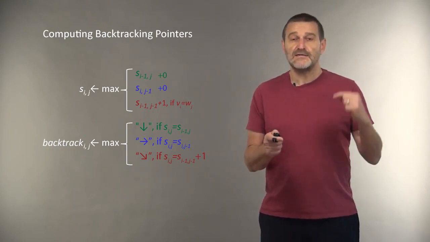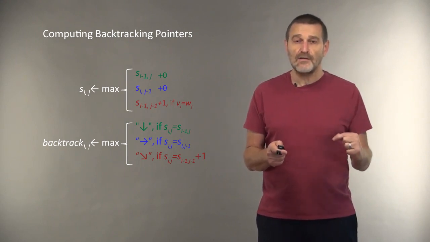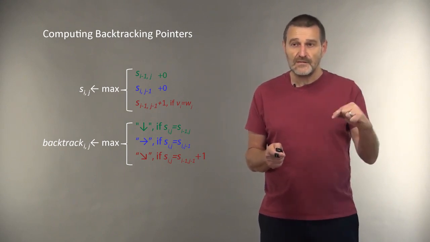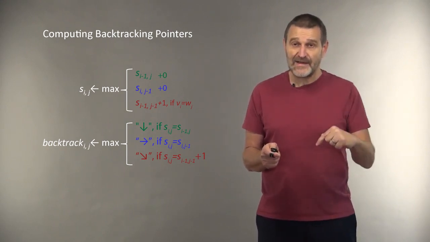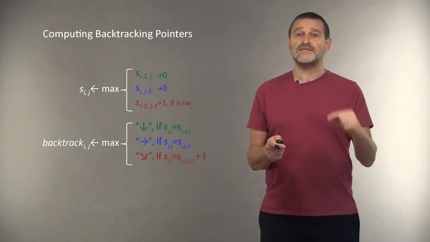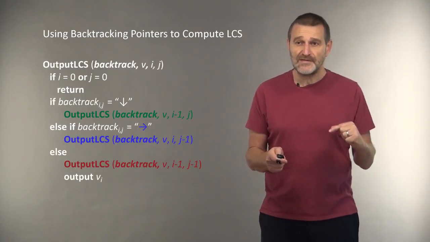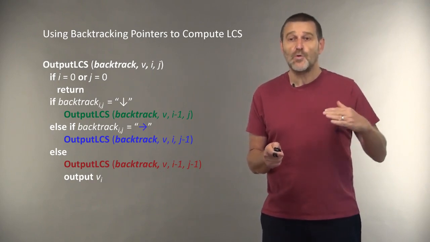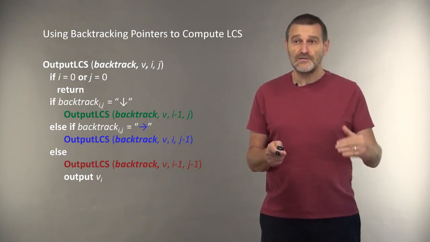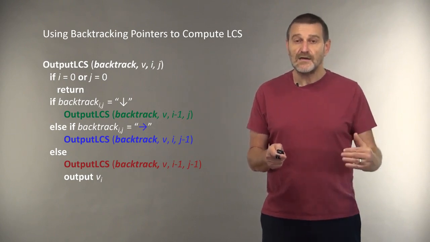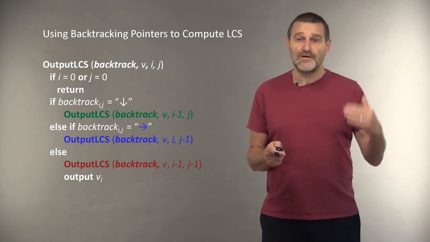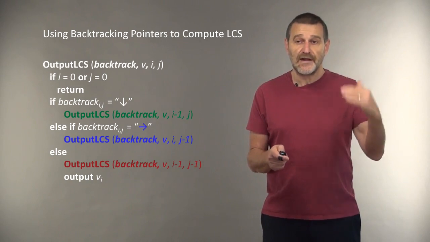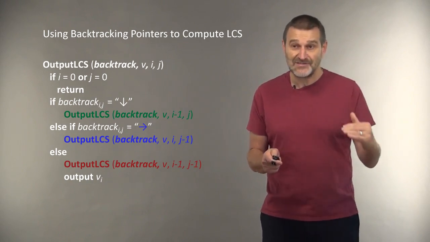We can either record a backtracking pointer as a vertical, horizontal, or diagonal edge. And as soon as the backtracking pointers are computed, we can write a simple program that allows us to output the longest common subsequence by once again exploring three choices: green choice, blue choice, and red choice.